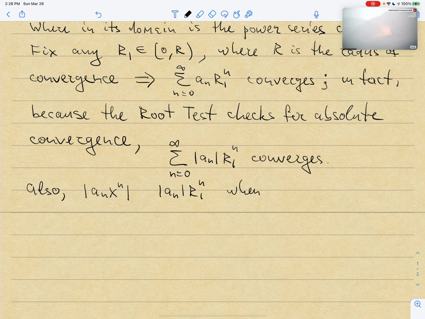when, let's see, when x is between minus r1 and r1, in fact, I'm going to include minus r1 and r1. So if x is between these two values, then clearly I have less or equivalent sign here.